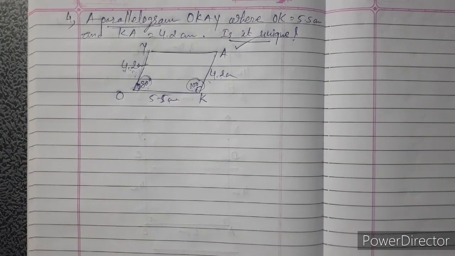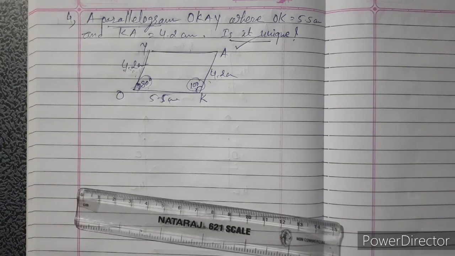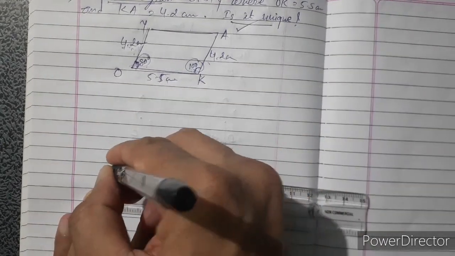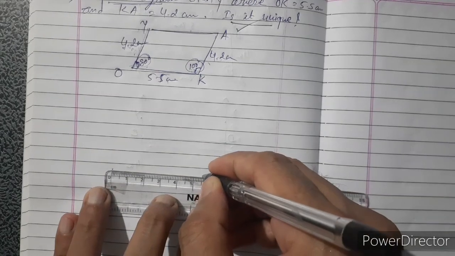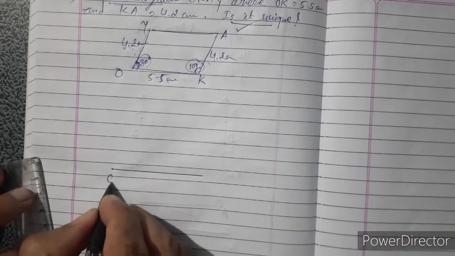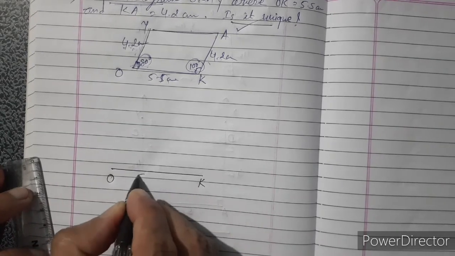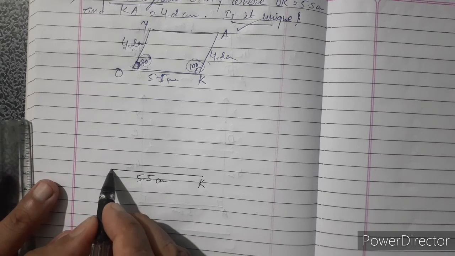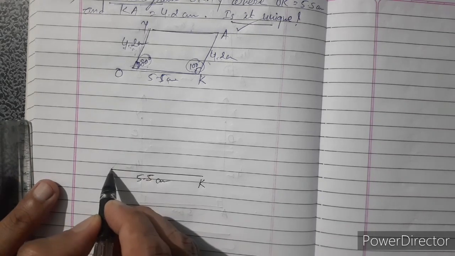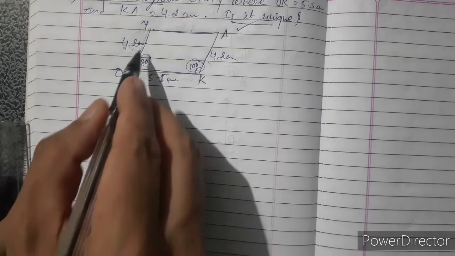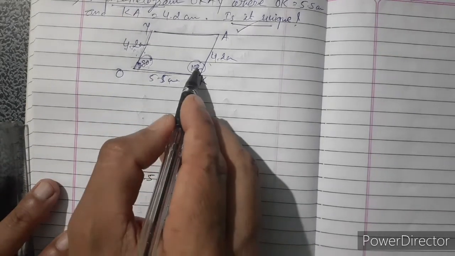First, OK equals 5.5 centimeters here, that is 5.5 centimeters. Now construct an angle at point O, that is 80, and at K, that is 100.